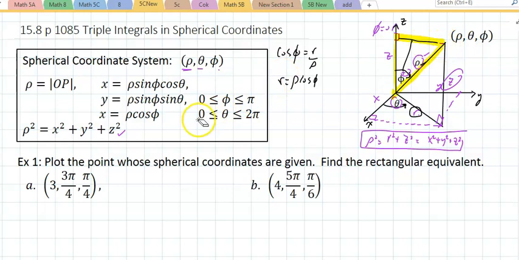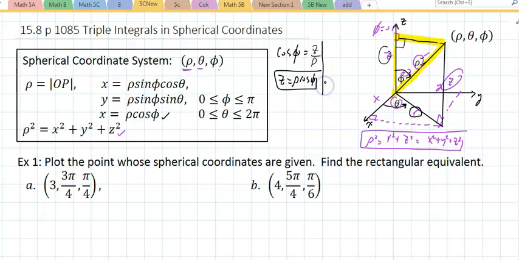One tiny mistake. Cosine is not the opposite, guys. There's the right triangle. Cosine is the adjacent over the hypotenuse. So if I cross multiply, z would equal rho the cosine of phi. Right there.